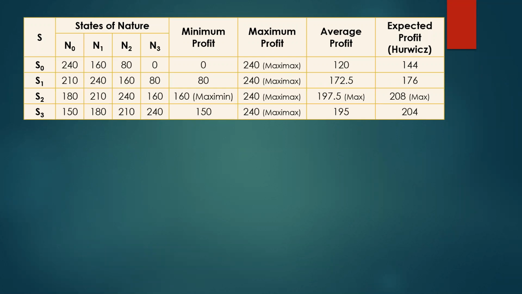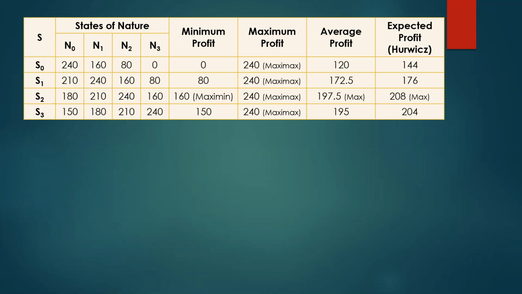You have to take the maximum value for each state of nature and subtract across the strategies. So if you can do it, tell me the values. Anyone? No one?